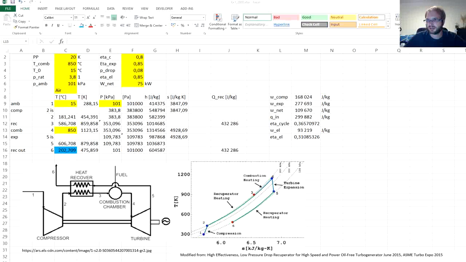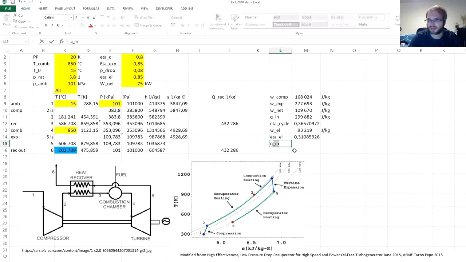And yeah, before we continue, let's have a look at what is the heat content in the flue gas going from point 6.